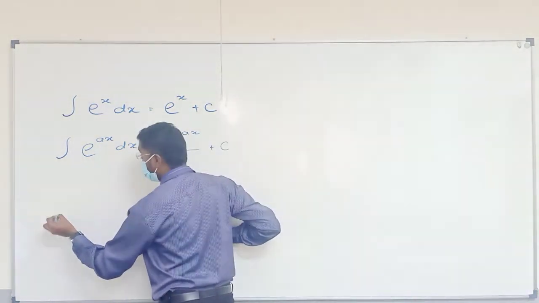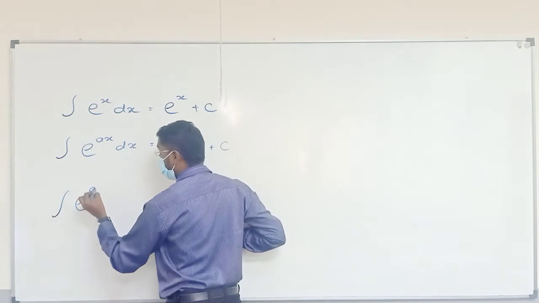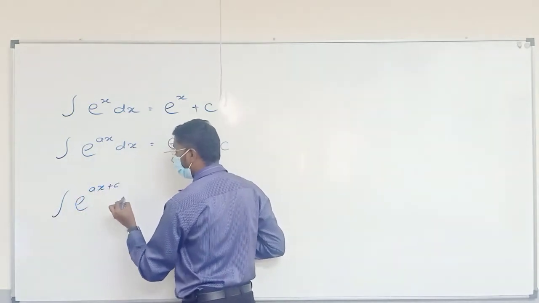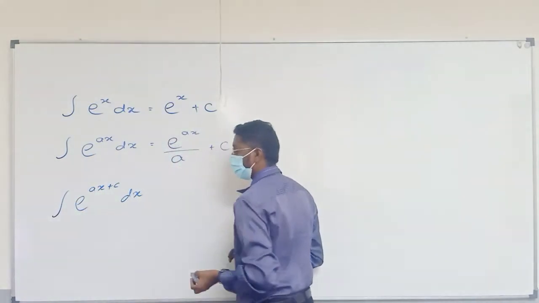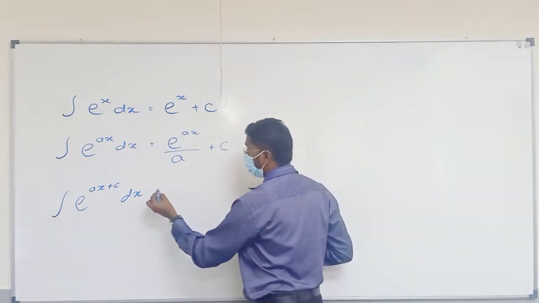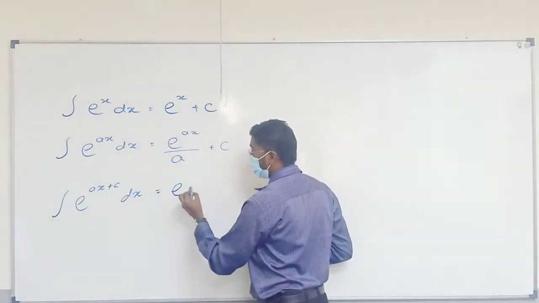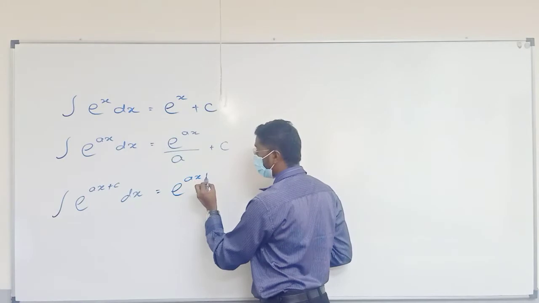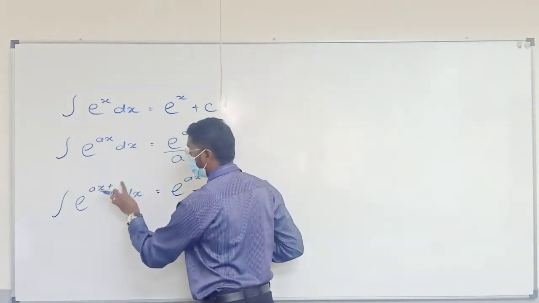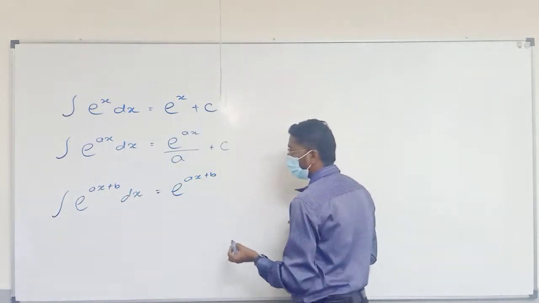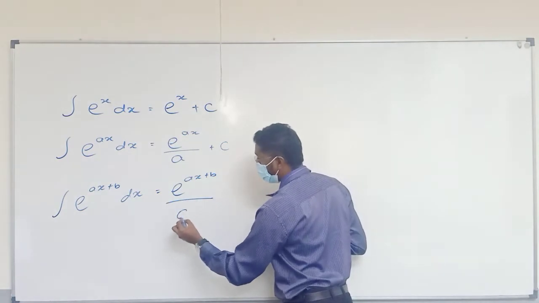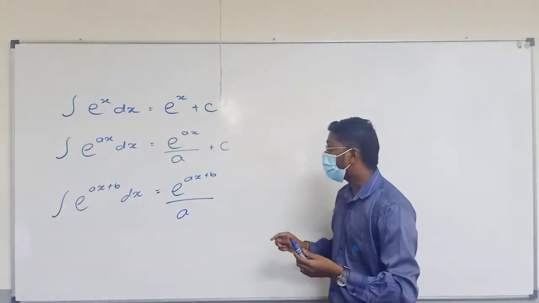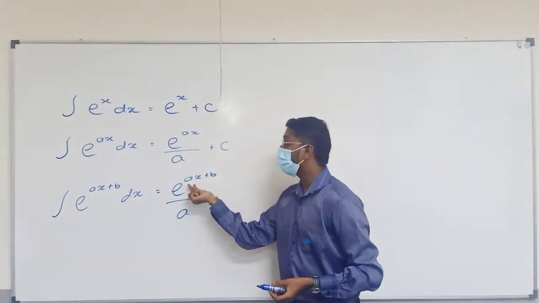Another example, the integral of e^(ax+b) dx. Therefore, the integral of this is going to be e^(ax+b) over a. Sorry, it's not c, it's b. We only look into the coefficient of the x, we don't look into the constant.